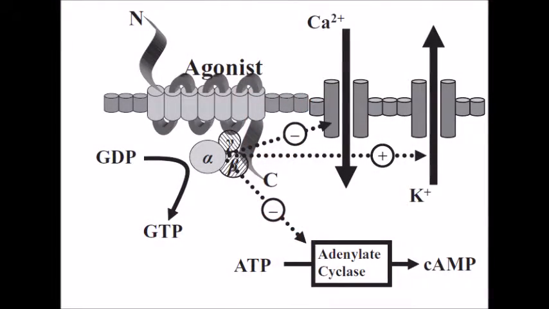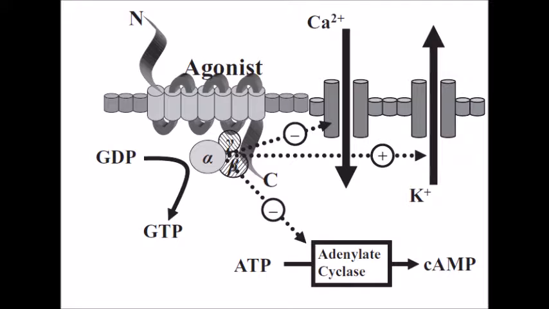So the agonist binds to a G-protein coupled opioid receptor, which causes the alpha portion of the G-protein to exchange its guanosine diphosphate, or GDP molecule, with the available guanosine triphosphate, or GTP. This allows the alpha-GTP complex and the beta-gamma complex to dissociate away and interact with target proteins.